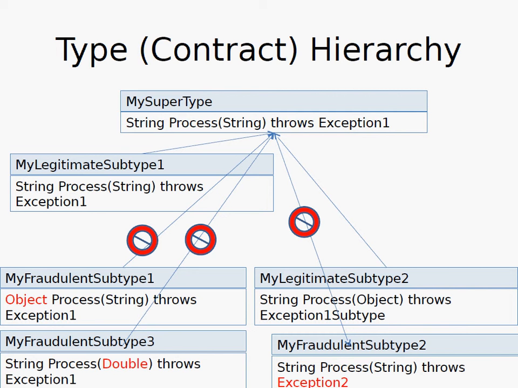But in Java, traditionally, if you have a supertype and you implement that supertype, you need actually a method that has exactly the same signature as this. Is that familiar to you? Right? So if you have an interface and you have my legitimate subtype 1 implements that interface, you need to provide a method that adheres to that same signature to be viewed as satisfying providing this. Is that familiar?